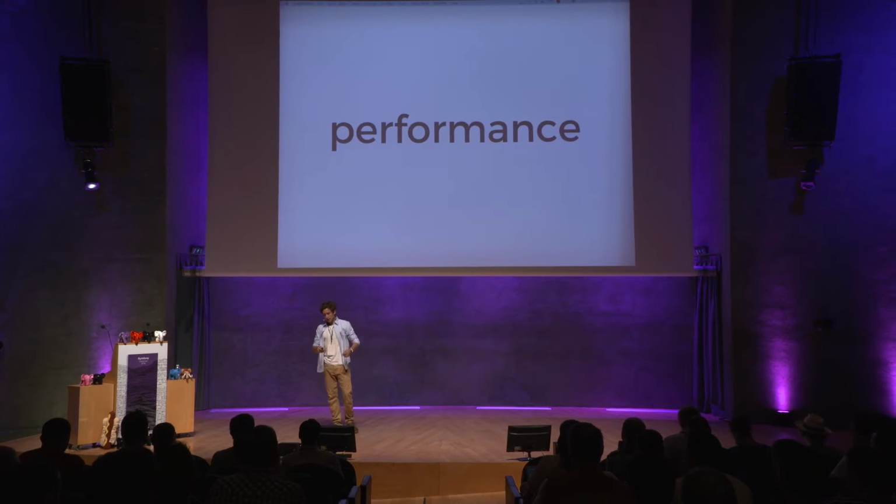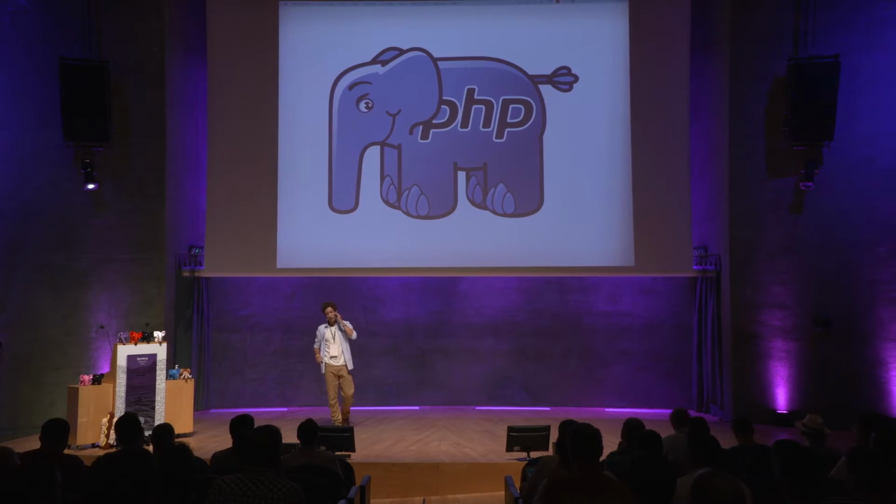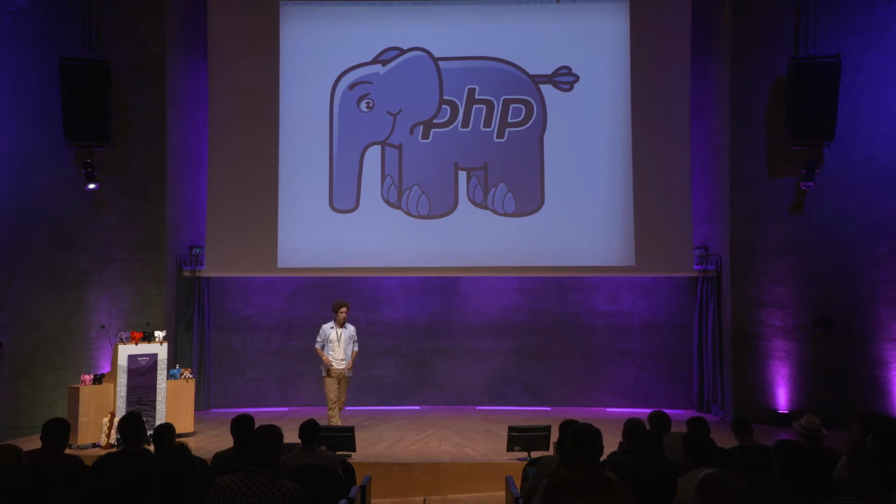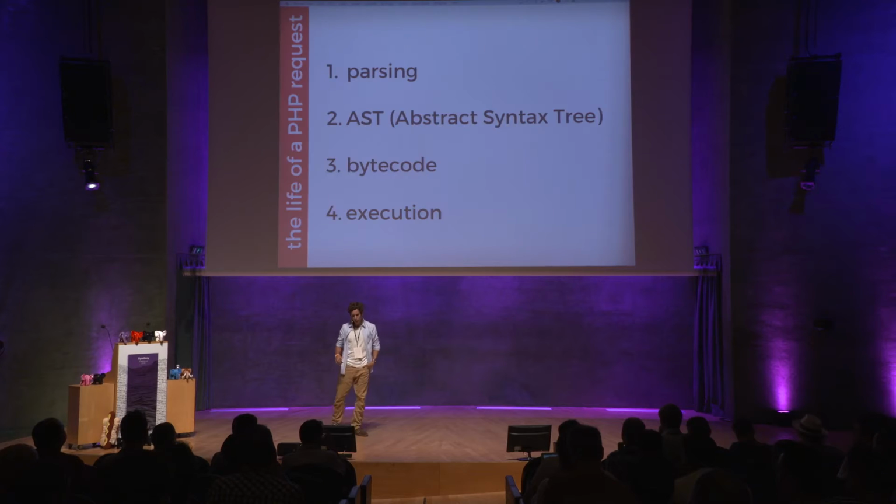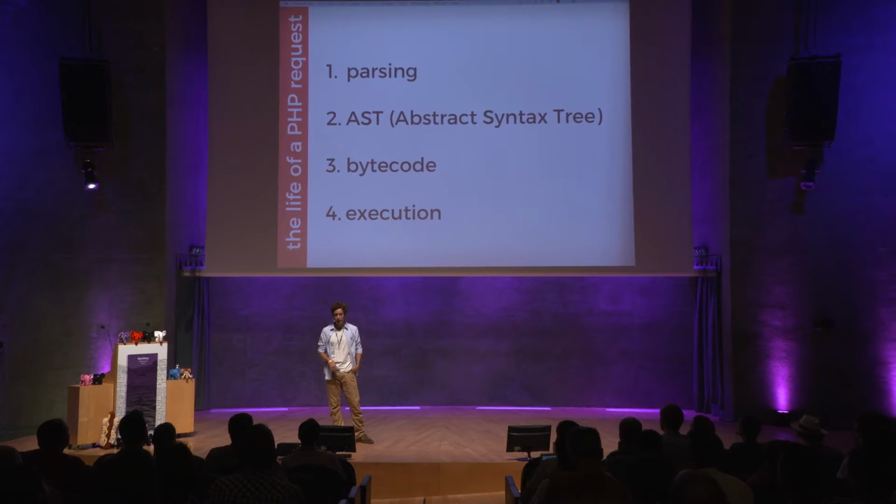OK? So first of all, let me walk you through a little bit of how a PHP request is processed from the beginning, from the point when you execute a PHP file in your console or in a PHP-PM request. It begins with the parsing. As you know, PHP is a scripting language, so it's written, as the name implies, in PHP. And of course, the first step is to parse these files.